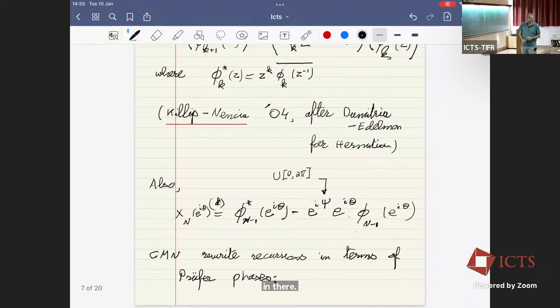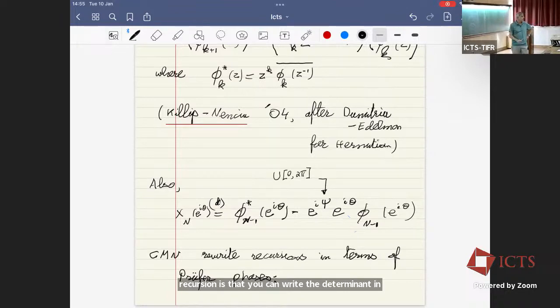And the nice thing about this recursion is that you can write the determinant in terms of these orthogonal polynomials and one more independent variable. So if you give me the phi star, the solution of this recursion up to n minus 1, and an additional random variable, I can spit out the determinant. In particular, if I'm interested in the modulus of this determinant, if I know good information about the phi star and you give me this extra variable, I can transfer things from one to the other.